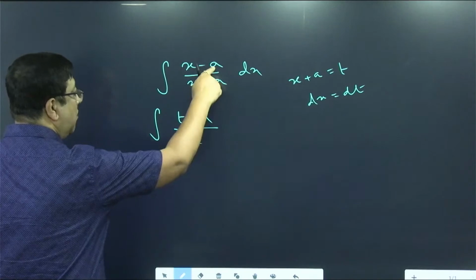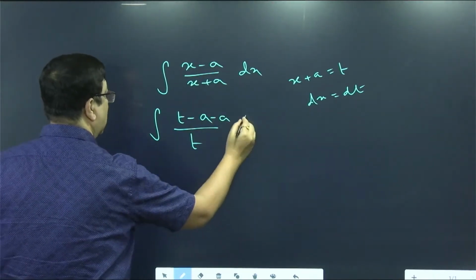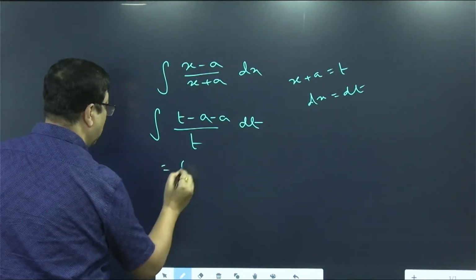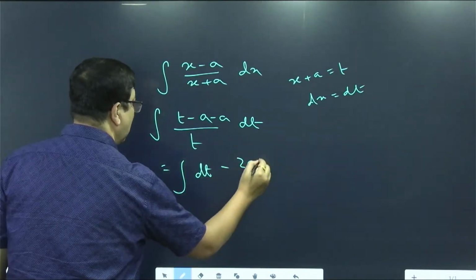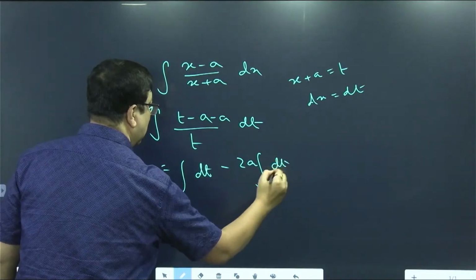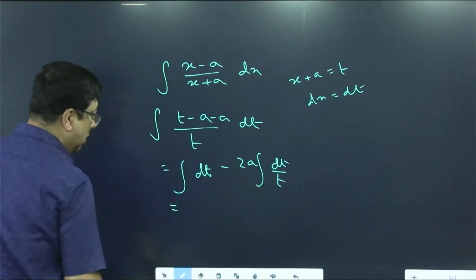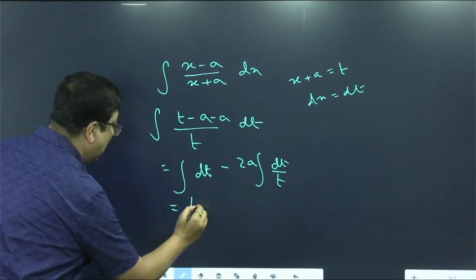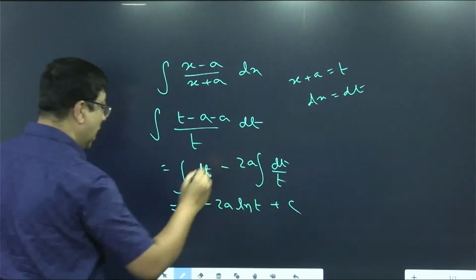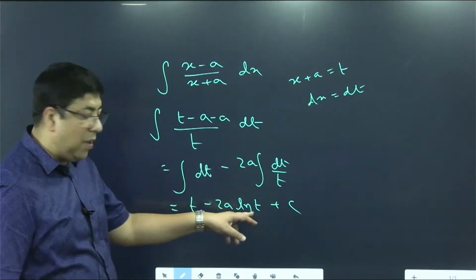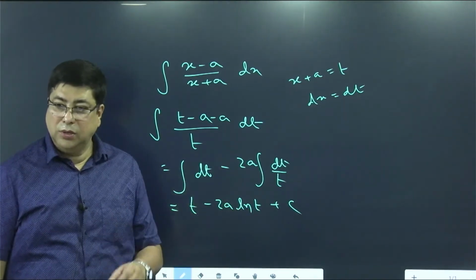It was another minus a dt. Therefore, t by t, that is dt minus 2a dt by t. So integration of dt is t minus 2a log t or ln t, whatever you say, plus c. Okay, understood this?